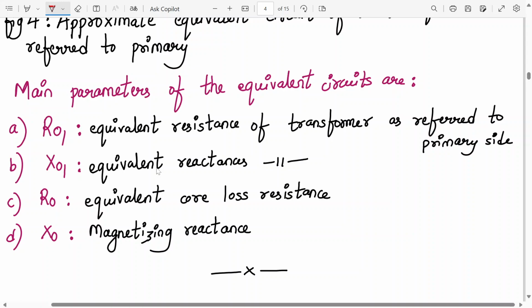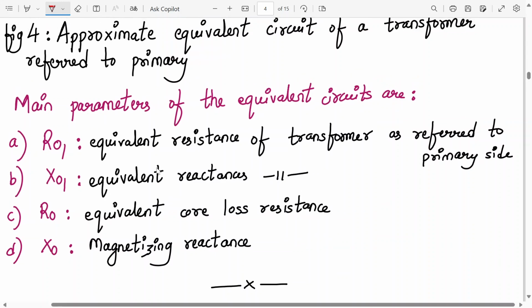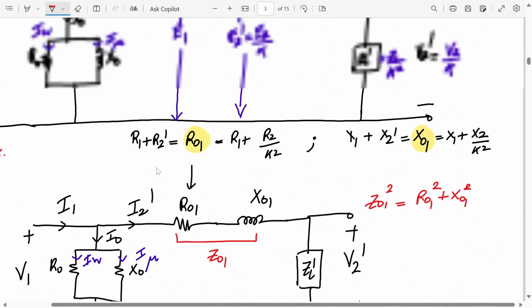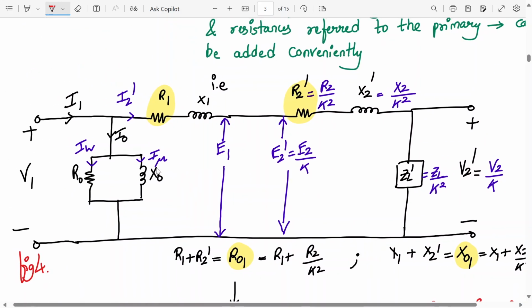XO1 is the equivalent reactance of the transformer as referred to the primary side. RO is the equivalent core loss resistance, and XO is the magnetizing reactance. So these are called the main component parameters of the equivalent circuit. Please note them down. RO1, XO1, RO and XO, what they are called as. And this is my equivalent circuit as referred to the primary.